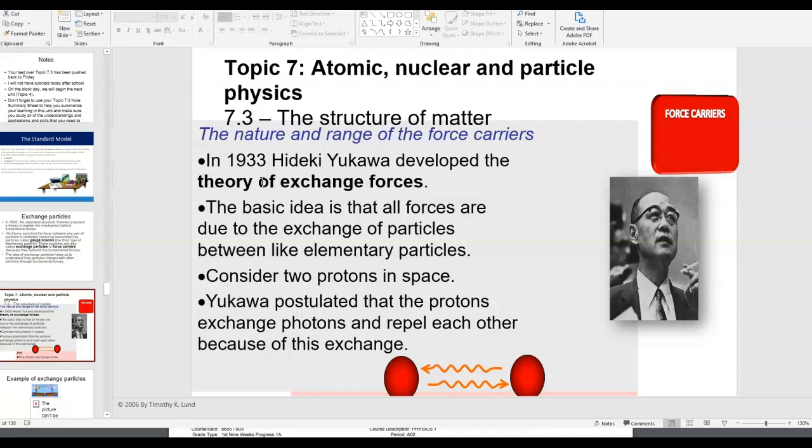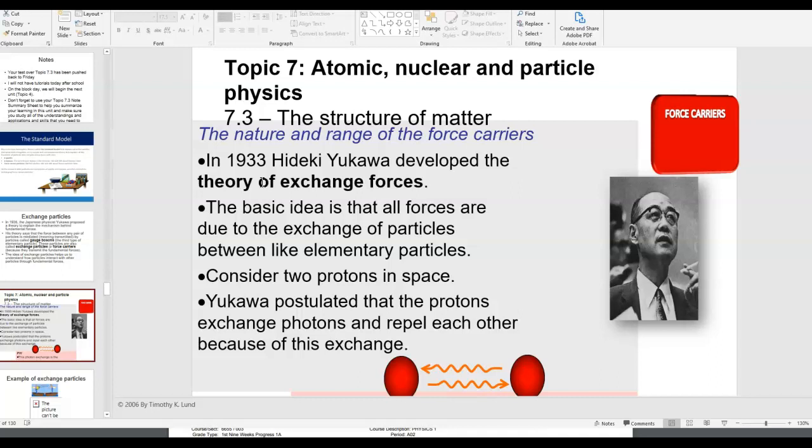So for example, let's say you have two protons or two electrons in space. We know, of course, that two protons are going to repel each other because they both have the same type of charge, just like two electrons are going to repel each other because of the same type of charge. The idea is we know that, but how exactly does that work?